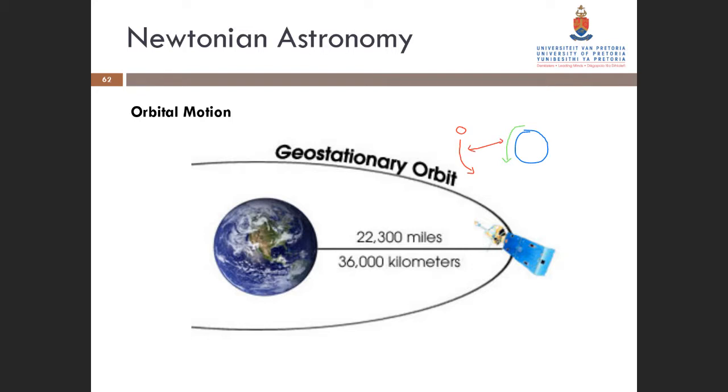That causes our perception that a satellite remains at the exact same place in the sky, and we call that a geosynchronous orbit, and that is at 36,000 kilometers above Earth's surface.